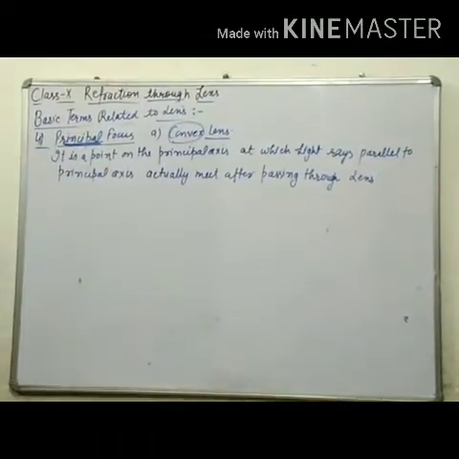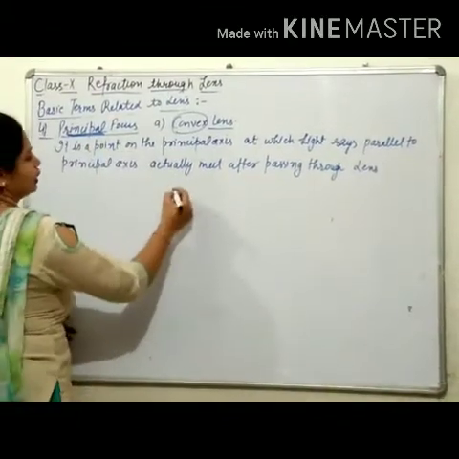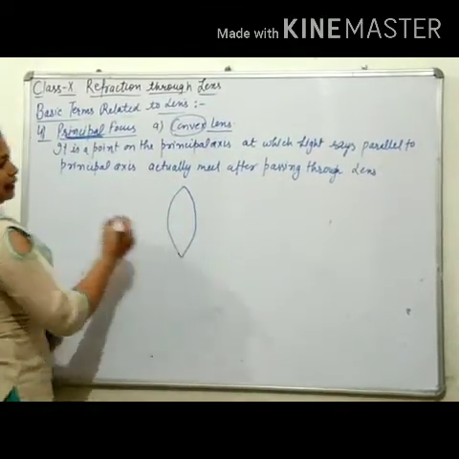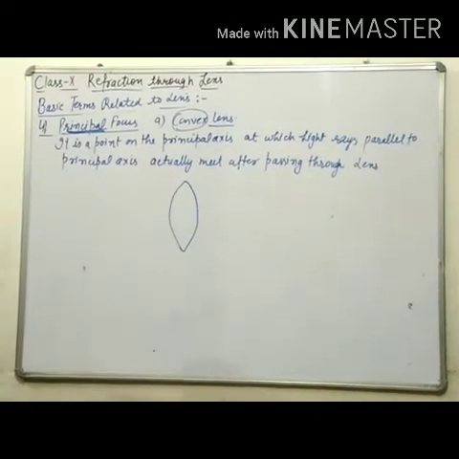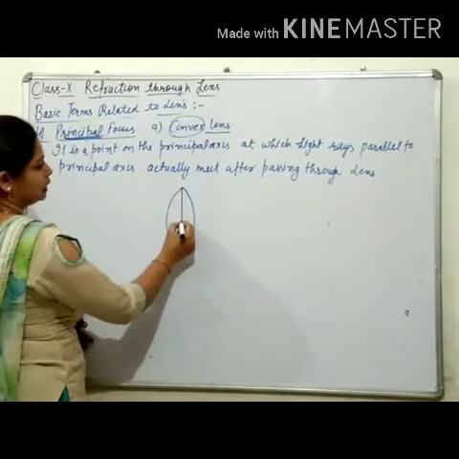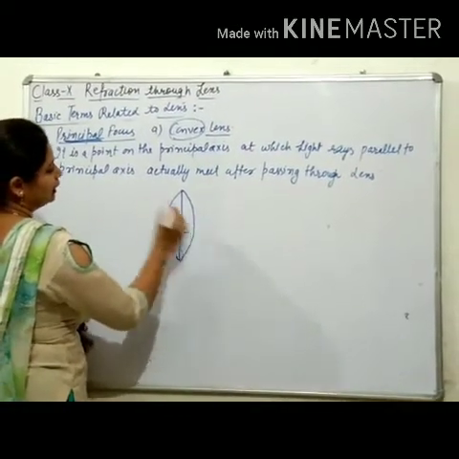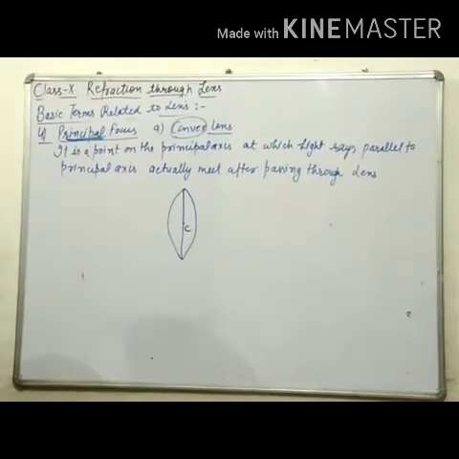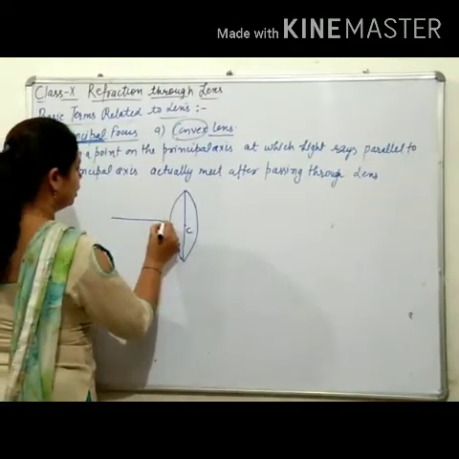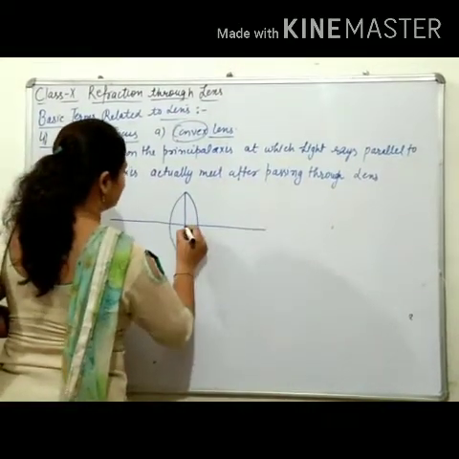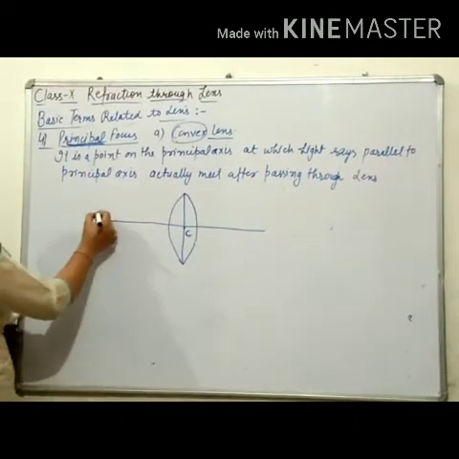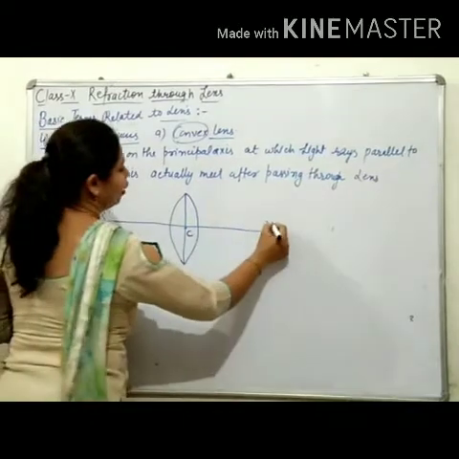So, what is principal focus? This one is our lens. Which lens is it? It is a convex lens. This one is the aperture of the lens, and that is the optical center. A line which is perpendicular to the lens surface and passing through optical center is the principal axis, denoted by X dash and Y dash.